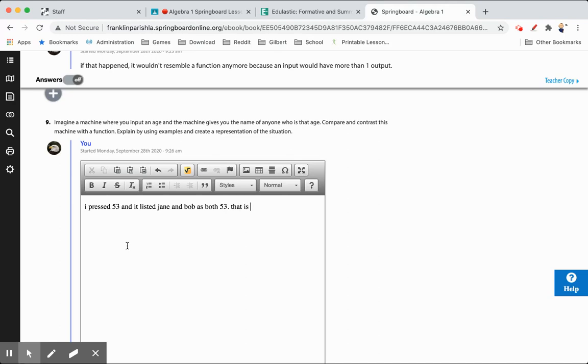That is 2 outputs for that one input. And yes, I'm switching between numbers and words. As long as you're listening to the sound of my voice, you're fine. That is 2 outputs for that one input, which makes this not a function.